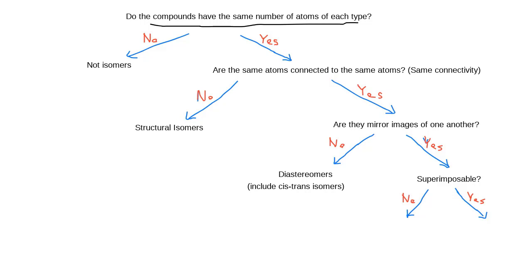So if yes, they're identical compounds. In other words, they're the same thing. If no, if they are not superimposable, then they are enantiomers.